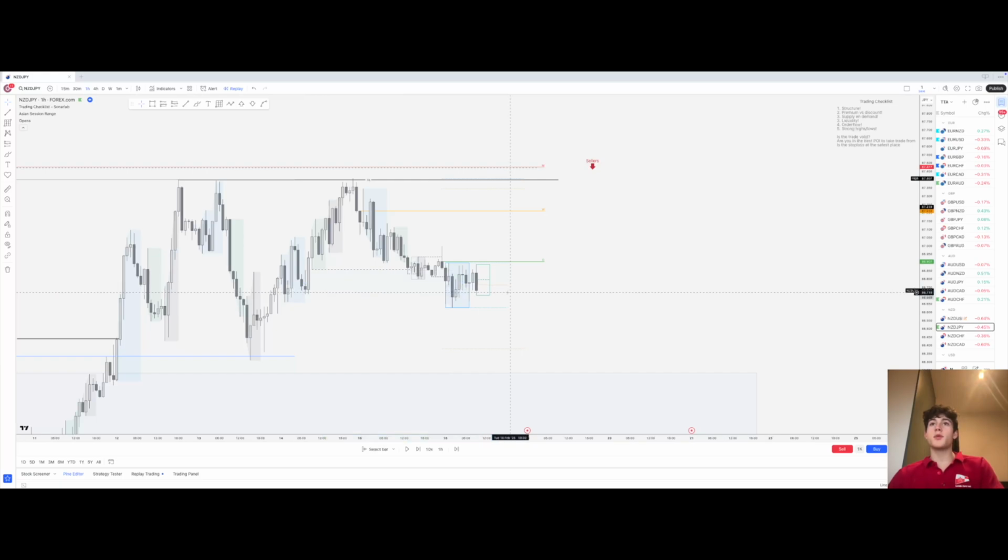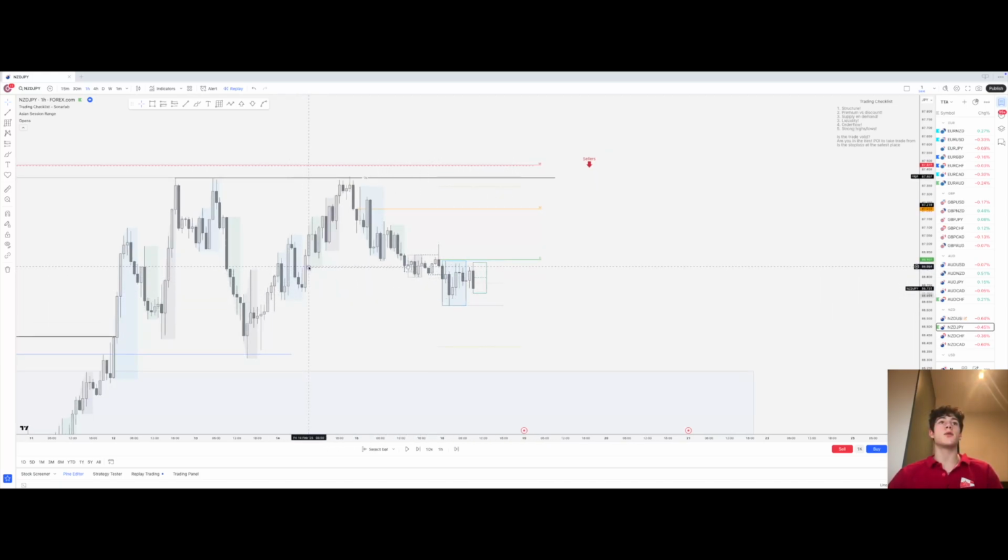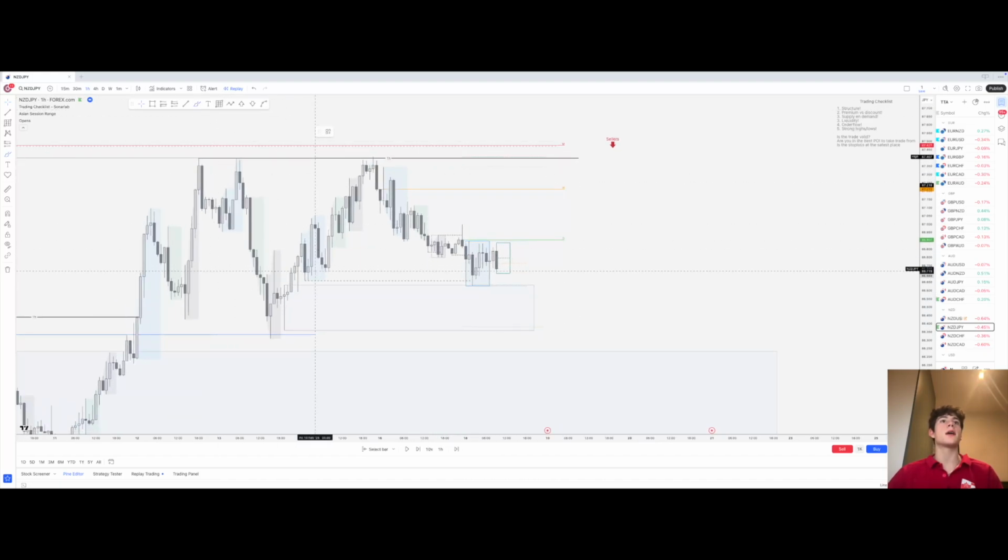So at this point I wake up and I can see that we now took this liquidity over here and that we also tapped in towards this demand zone right over here. And I got to show you that this is a fake candle.